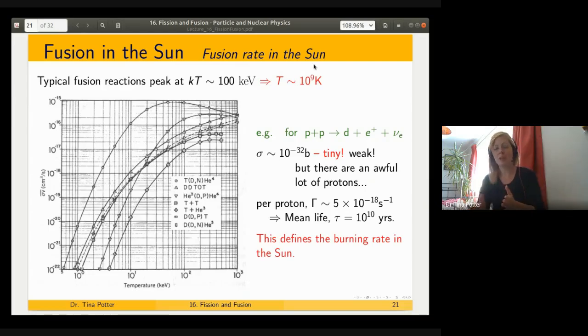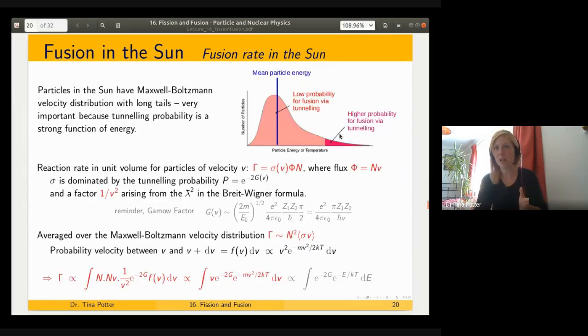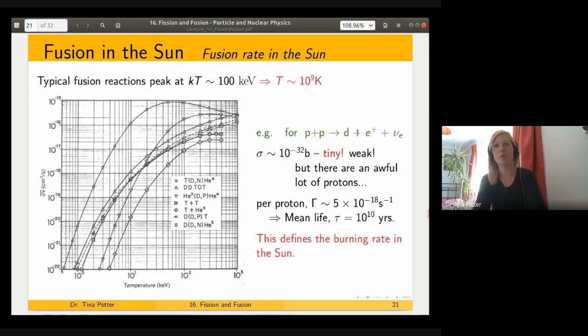So the peak of these fusions is really happening from the protons in the tail of the velocity distribution. So if we consider these high energy protons that have about 100 keV of energy tunneling through to have fusion, we could consider the fusion of these protons here to give us a deuteron and a positron and a neutrino.